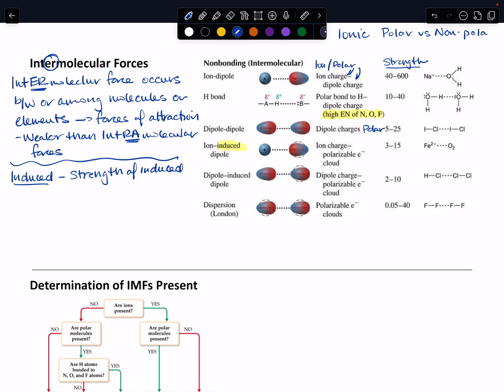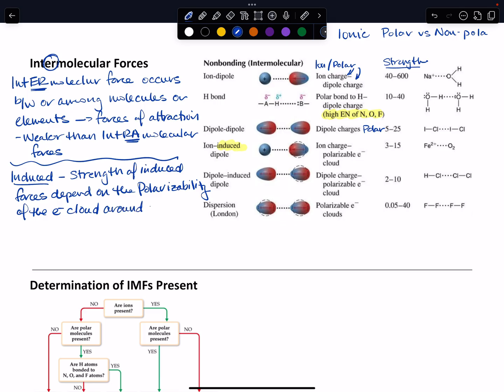depend on the polarizability of the electron cloud around an atom, if it's a lone atom, or molecule.